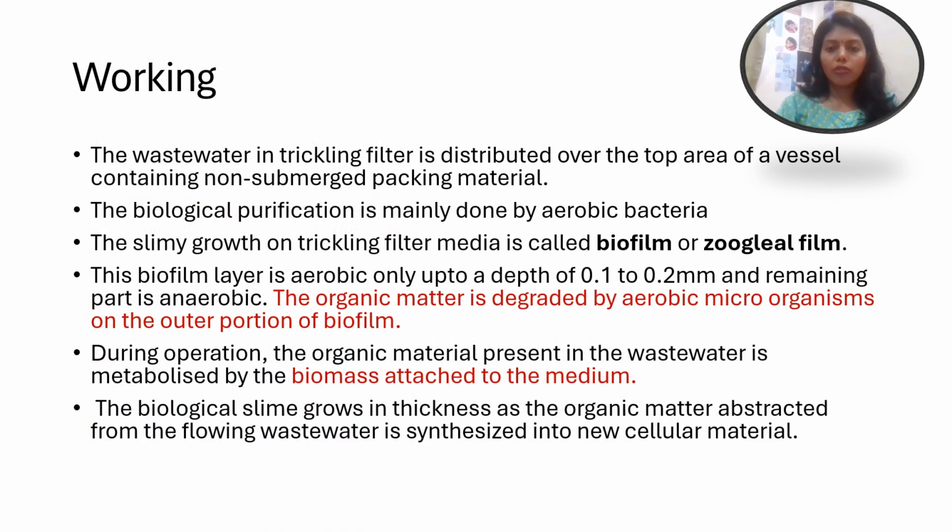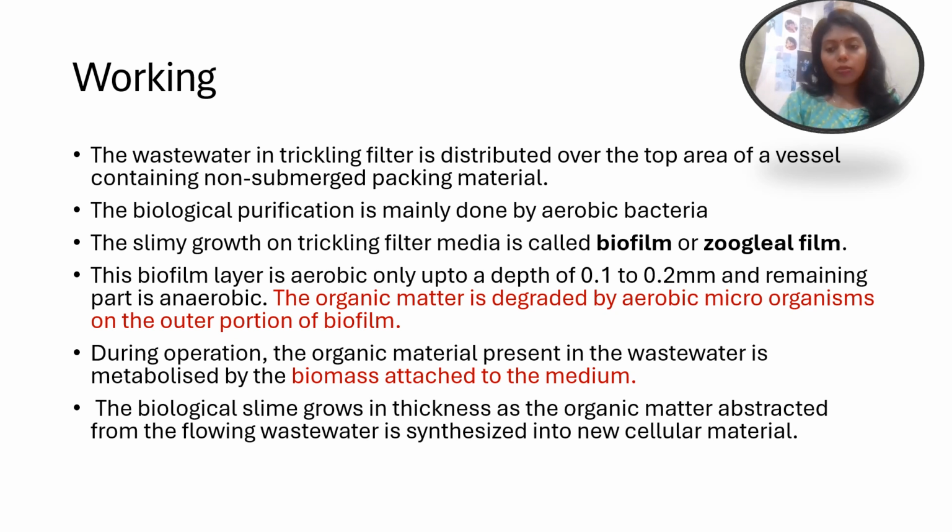Let's see the working of the trickling filter. Over the media, the wastewater trickles down, distributed over the media. That media is actually a cross-comb like structure. This cross-comb like structure or cross flow will enable more biological treatment to be accomplished within a small space and increase the surface area.